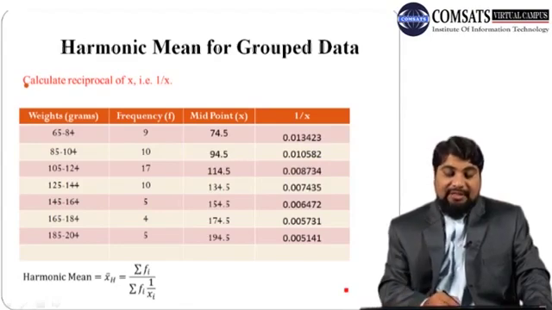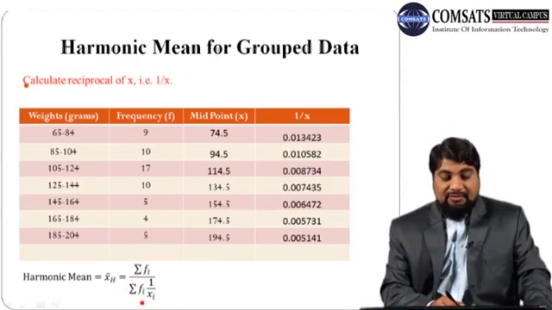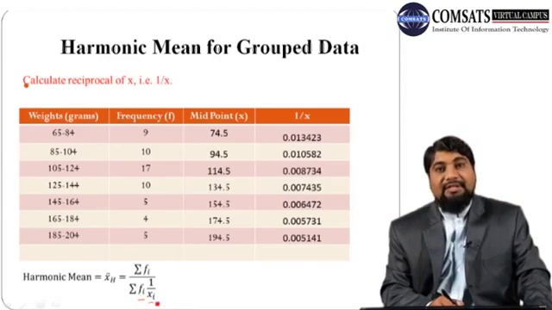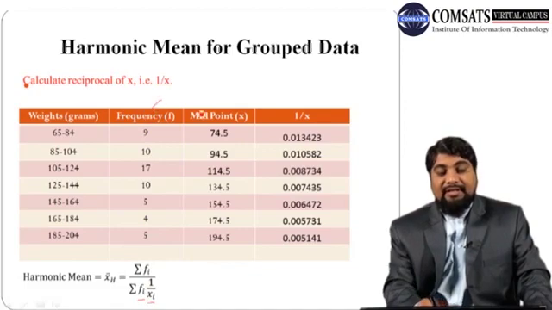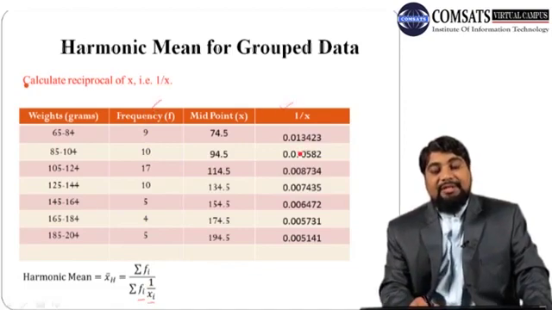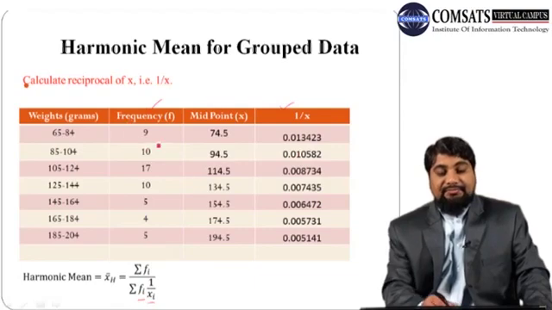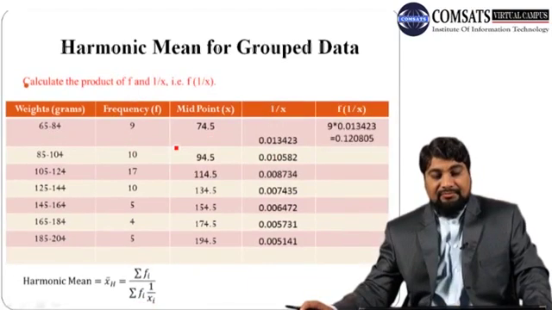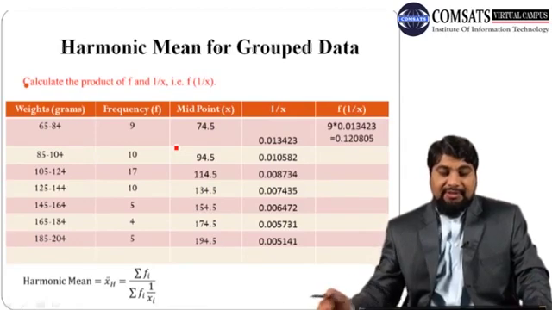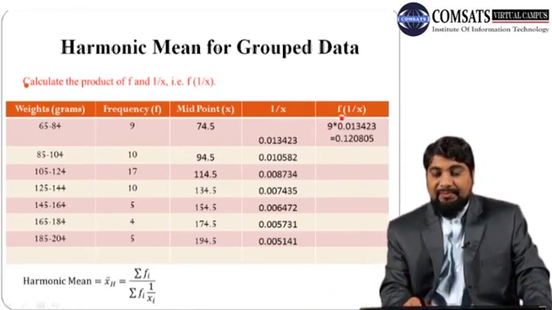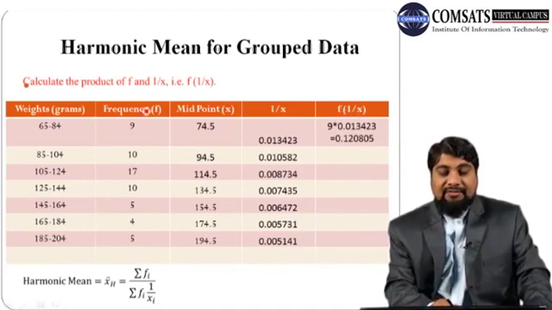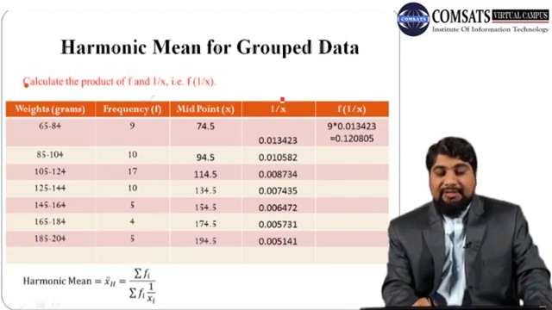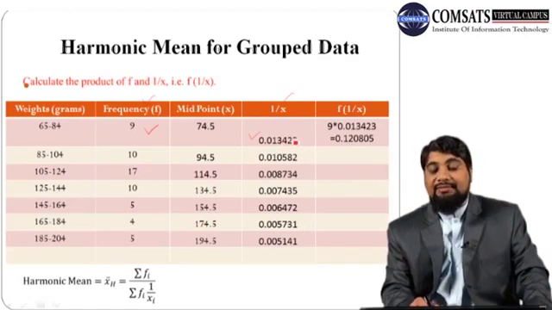So once we have 1 over x in hand, next step is to multiply this frequency with 1 over xi. So just multiply fi, which is located here in the second column, with 1 over x. So calculate the product, f into 1 over x. So first frequency is 9 and 1 over x is 0.013423.